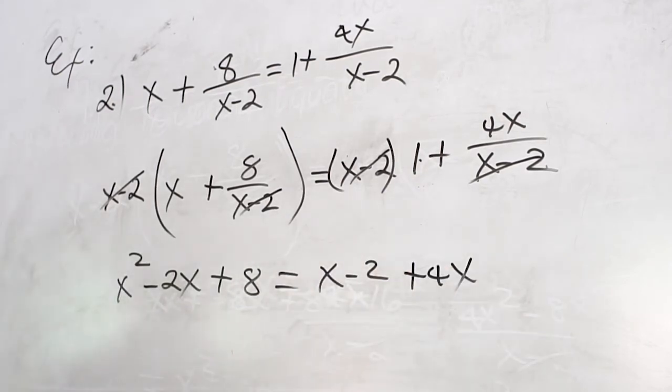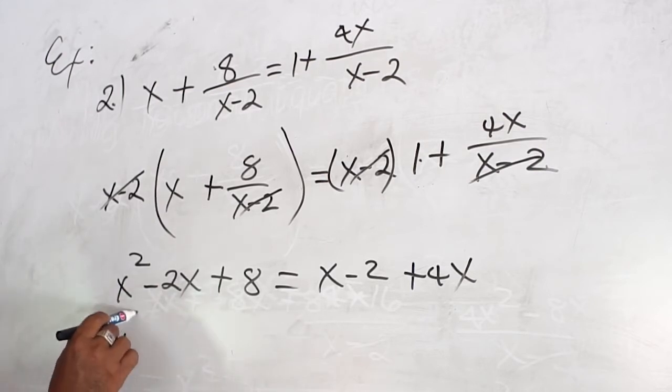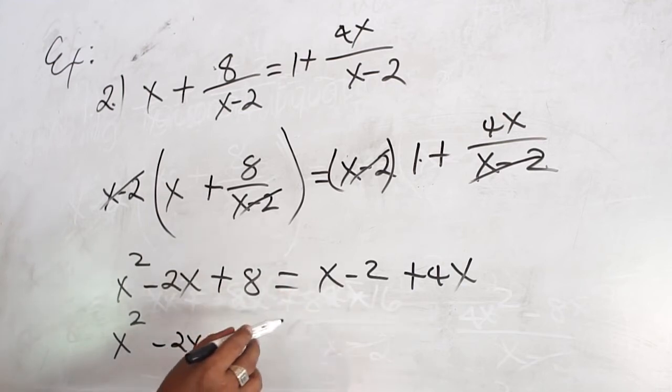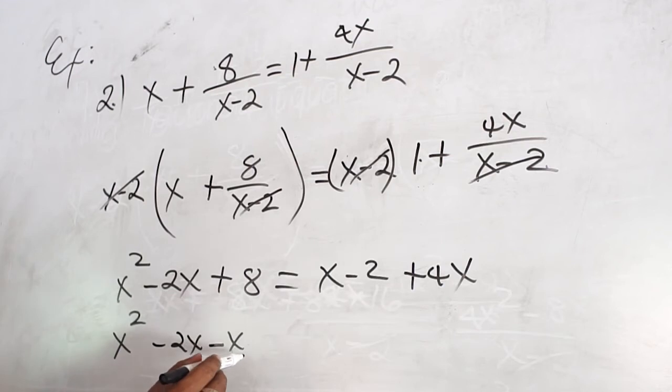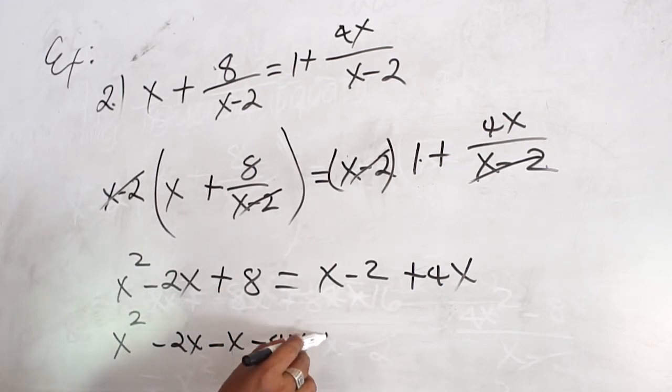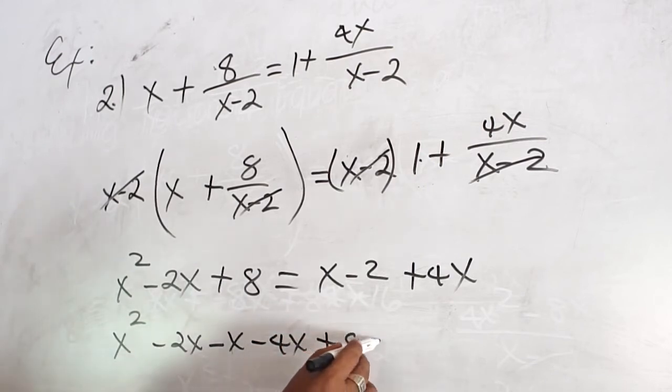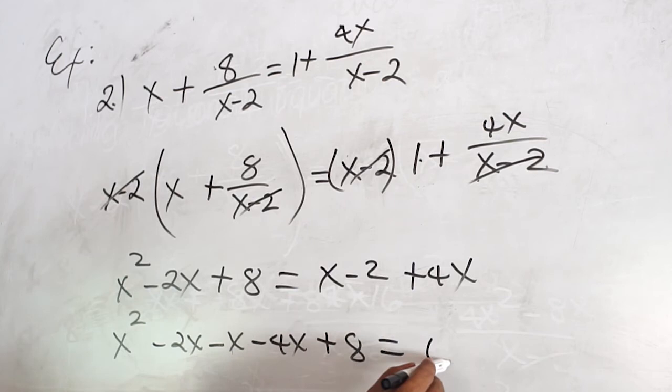Then write the unknown quantities to the left side. So we have x squared, then negative 2x, then transpose, it becomes negative x, then negative 4x, then positive 8, is equal to 0.